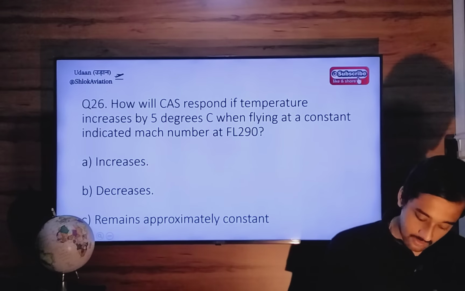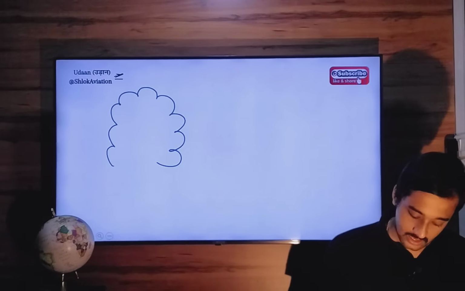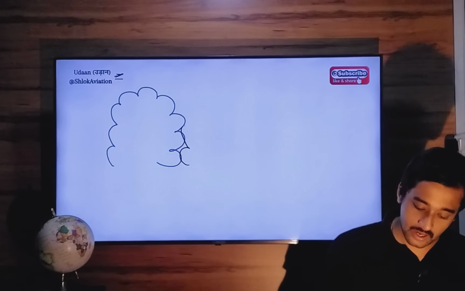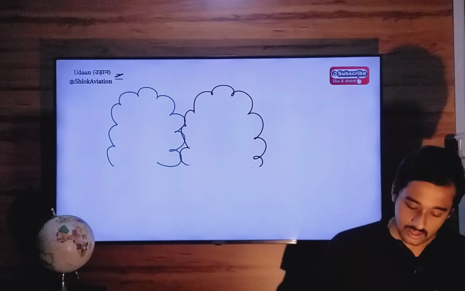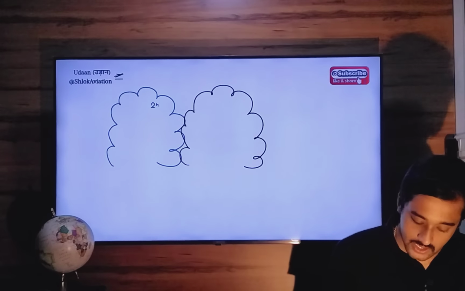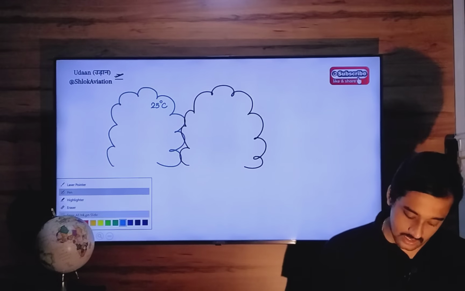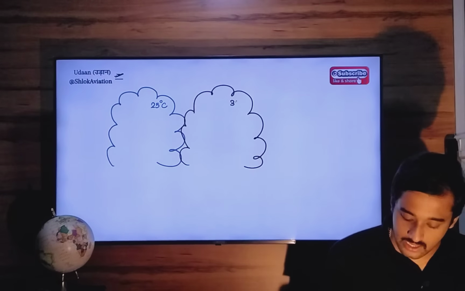Okay, so I'm going to draw that. So this is a cold air mass, let's say, and next to it I'm going to draw a warm air mass. Now let's say the cold air mass is 25 degrees Celsius. The warm air mass is 5 degrees Celsius warmer than this, so let's say 30 degrees Celsius.